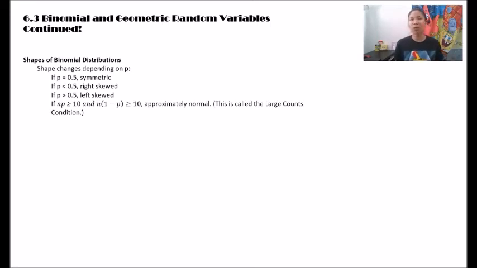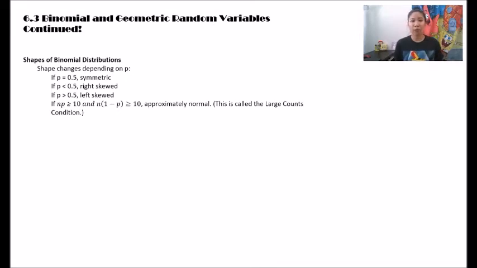And this is mostly used in real life because our graphing calculators' technology can only do so much. So when we use binomPDF and binomCDF, when the numbers are really big for n, it's harder for technology to calculate because there are just a lot more numbers to work with. And so with the normal distribution, we can just use Table A or normalCDF, which makes it easier to calculate and approximate probabilities.